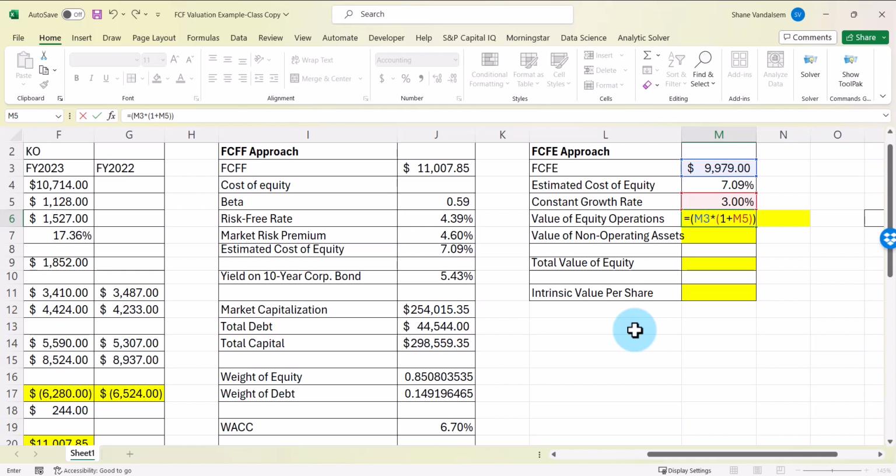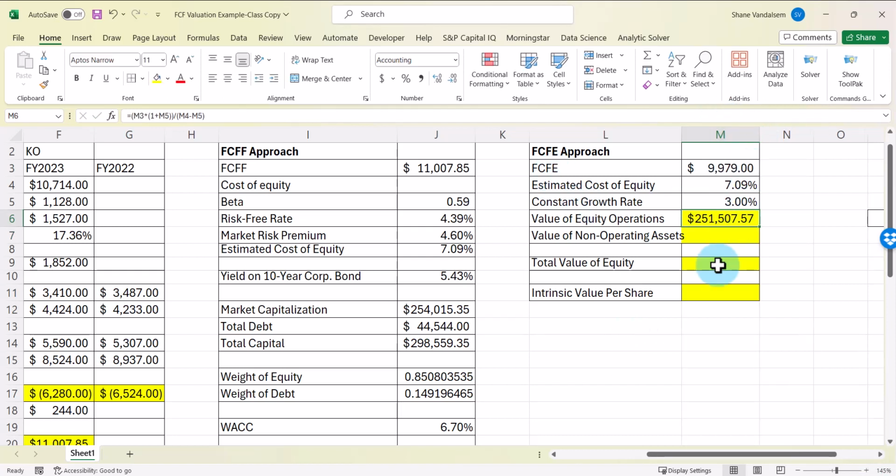And that's our numerator. And then we're going to divide that by, in parentheses, the cost of equity minus the constant growth rate. And that gives us a value of 251,507.57.